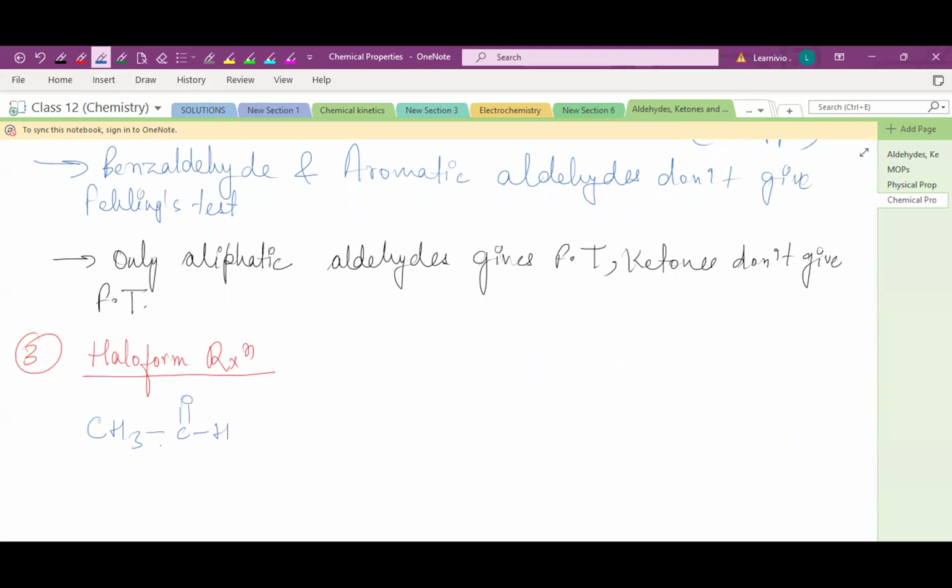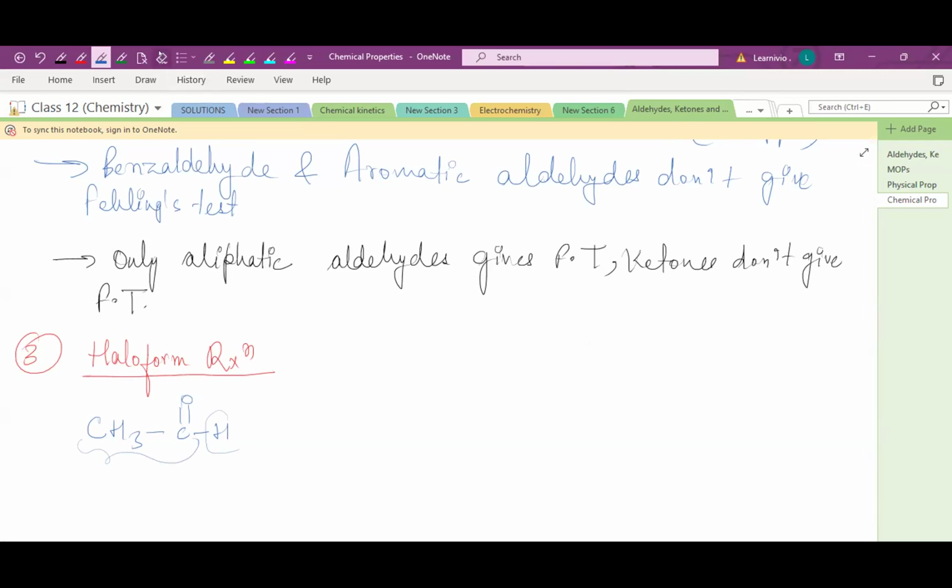The main condition for the haloform reaction is the presence of the CH3CO group. CH3CO group should be present, and here there can be any group. This is a must. The CH3CO group must be present, then only this compound will show the iodoform or haloform test.